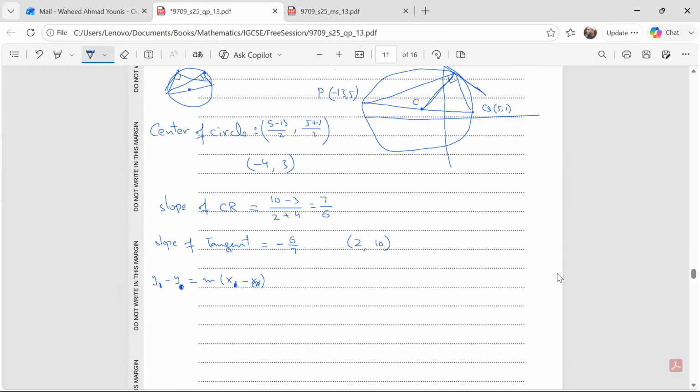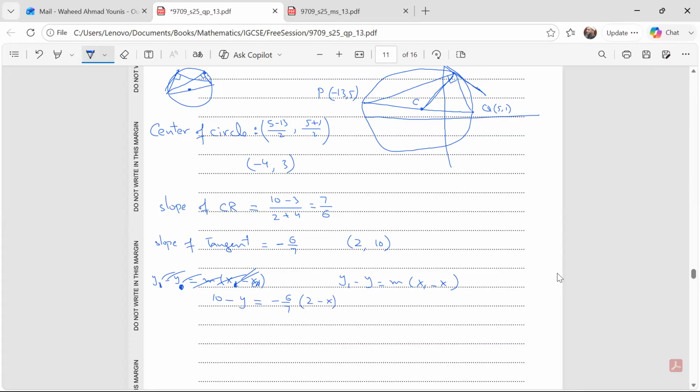Let me write it again. So y1 minus y equals m times x1 minus x. So what is x1, y1? This is this point, and m is the slope, and you can find the equation. So y1 minus y, or it could be y minus y1 as well, equals m, minus 6 over 7, into x1 minus x.